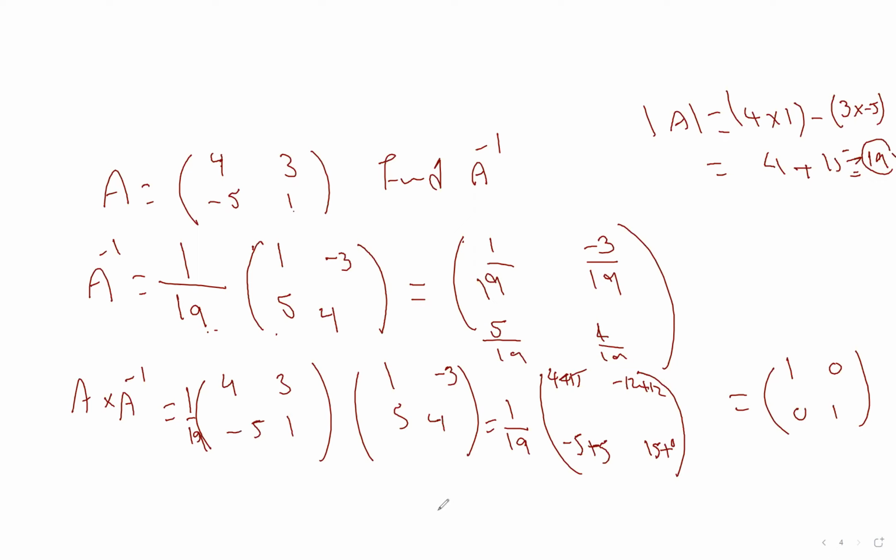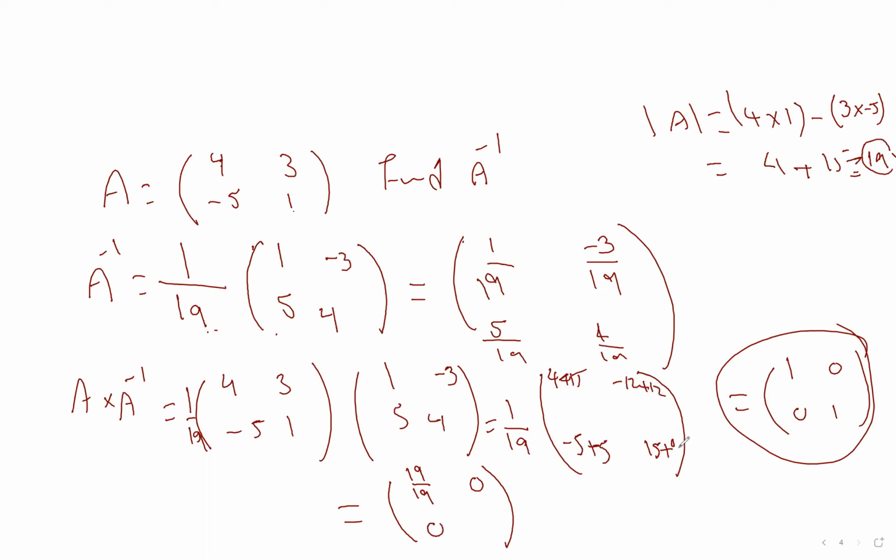So it will be like this. Complete it here, you will get the same value. What is this? 1 times 4 is 4 plus 15 is 19, times 1 over 19, so 19 over 19. Here negative 12 plus 12 is 0 times 1 over 19 is 0. And here negative 5 plus 5 is 0 times 1 over 19 is 0.